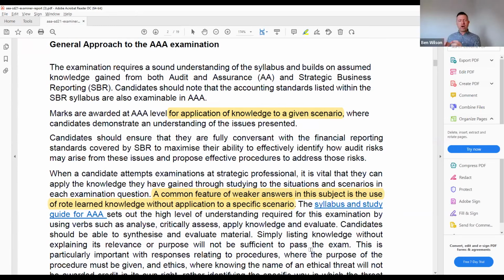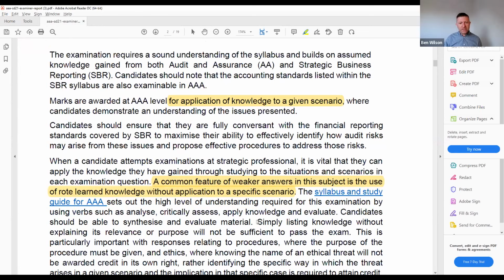You can't write general points that have been rote-learned. You have to tailor your points to the scenario. Look, simply listing knowledge without explaining its relevance or purpose will not be sufficient to pass the exam. If you feel like you are brain dumping something pre-learned, stop, because it will not pass.